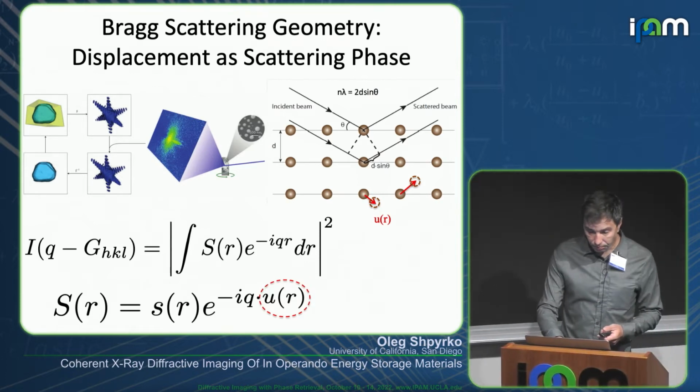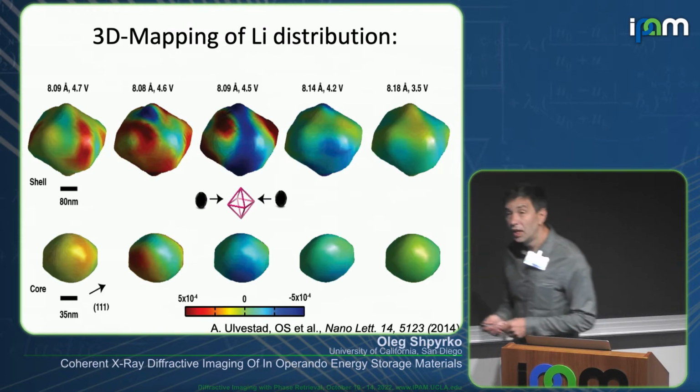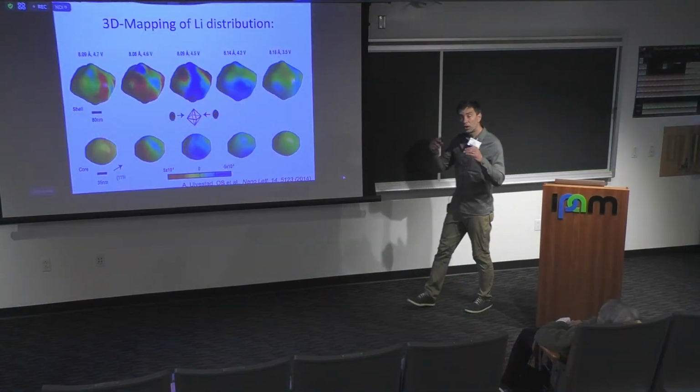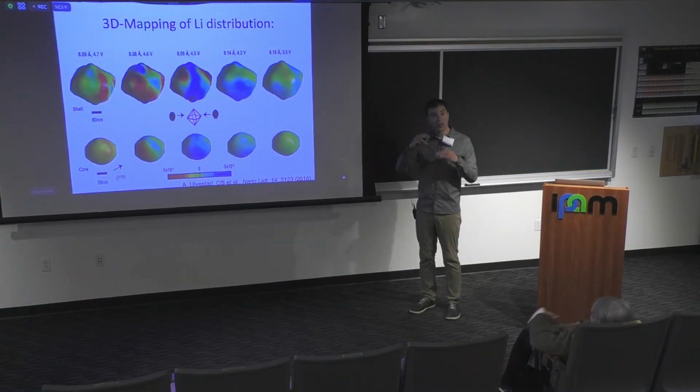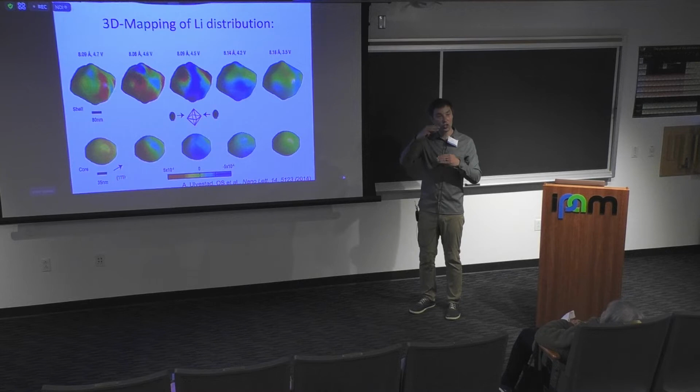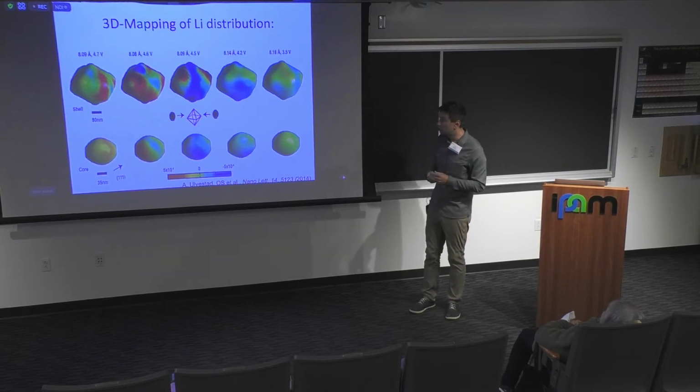Okay, so why is this important? Because as I showed you in that movie, when you intercalate lithium ions, the lattice spacing changes, right? And that creates the displacement field that we talked about before.